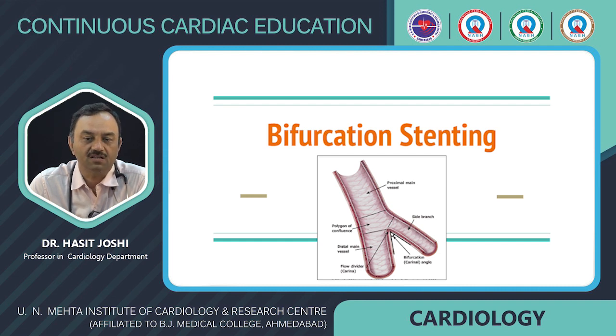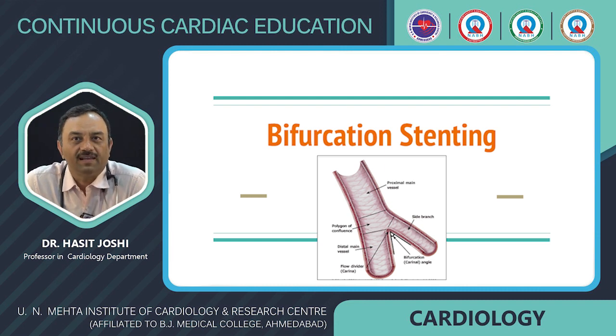The side branch TVR or target vessel failure is reported up to 20% in the BMS era. With the advent of drug-eluting stent, it was thought that it would be a thing of the past, but even the initial studies with drug-eluting stents revealed that the side branch failure was in the range of 10 to 15%.